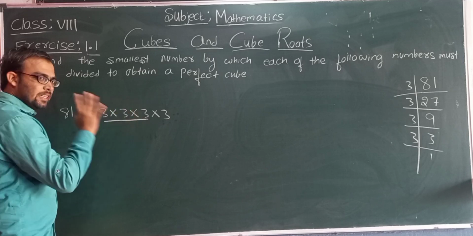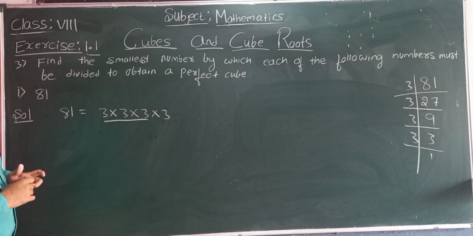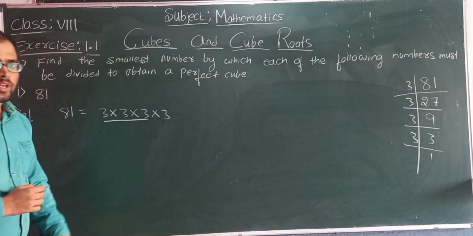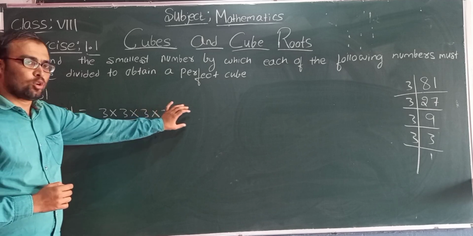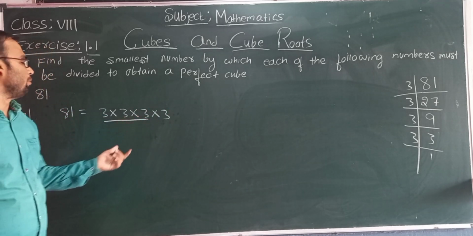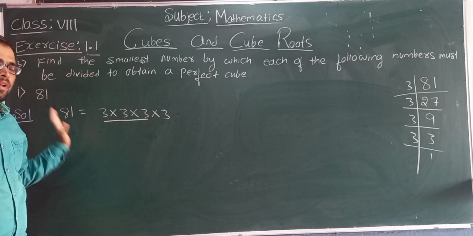Only 3 threes are remaining, that is, only one group is remaining. As this 3 is not in a group of 3 numbers, we have to divide. So we must divide this 81 by 3 to make a perfect cube.